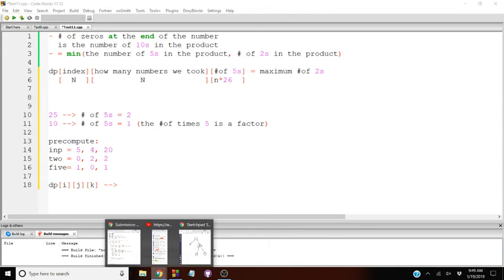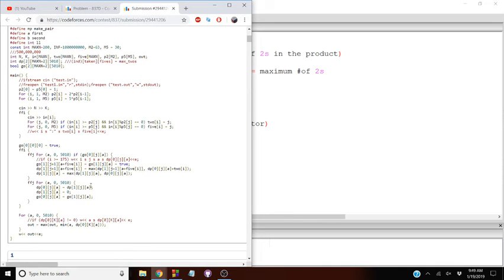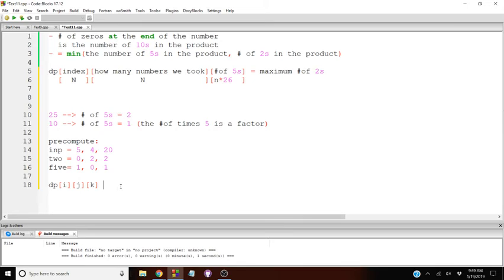From this, or actually this equals, I'll use a different solution. Okay, so j is how many numbers we took, right? So there's two options.